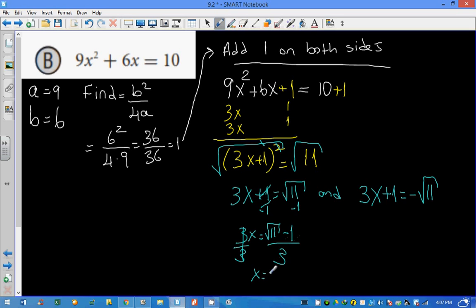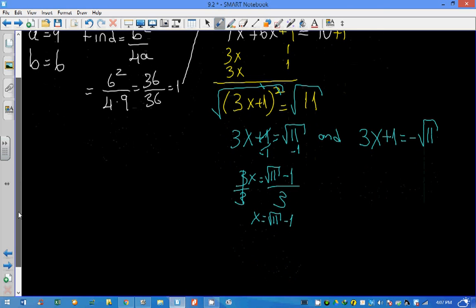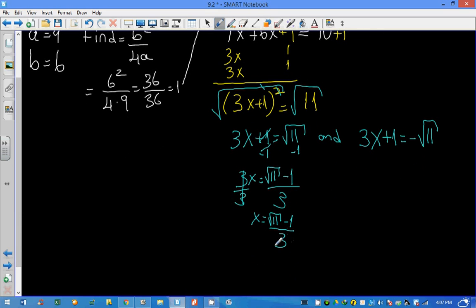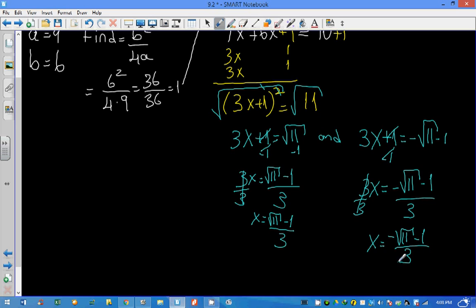X will be root 11 minus 1 over 3. So this one minus 1 and minus 1, 3x equals negative root 11 minus 1 over 3 over 3. X will be negative root 11 minus 1 over 3. This is the final answer.